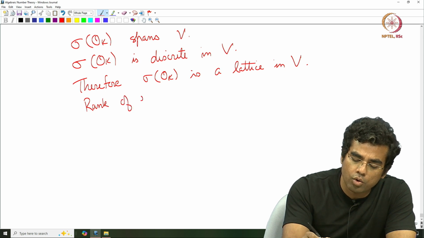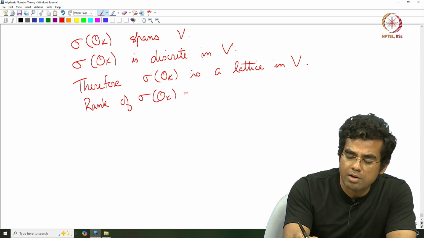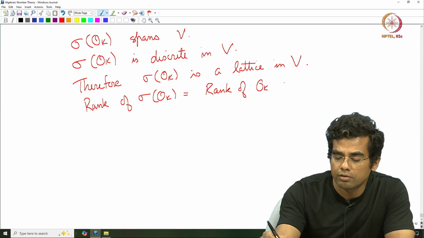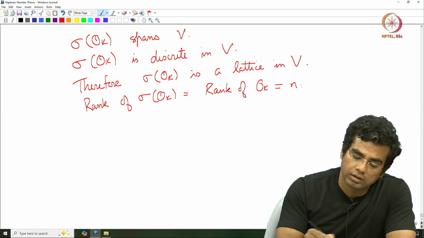The rank of sigma of OK is the same as the rank of OK, which is equal to n, right.